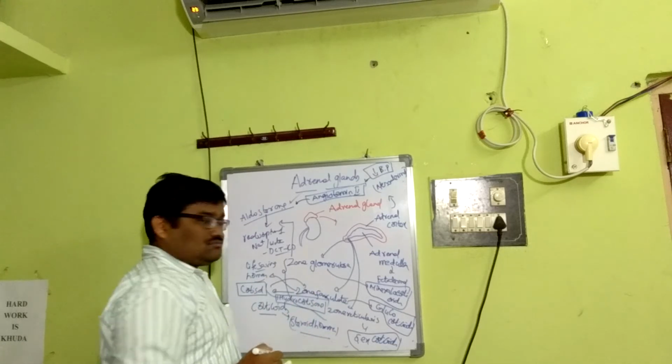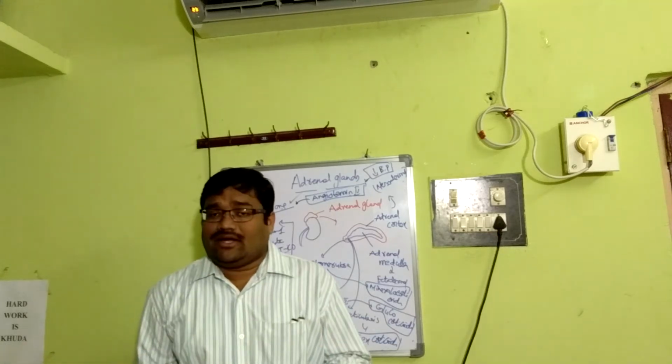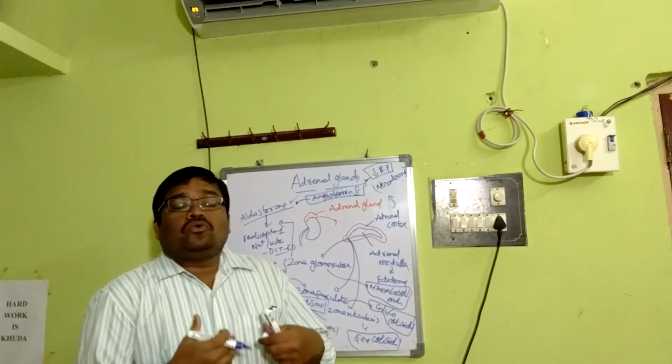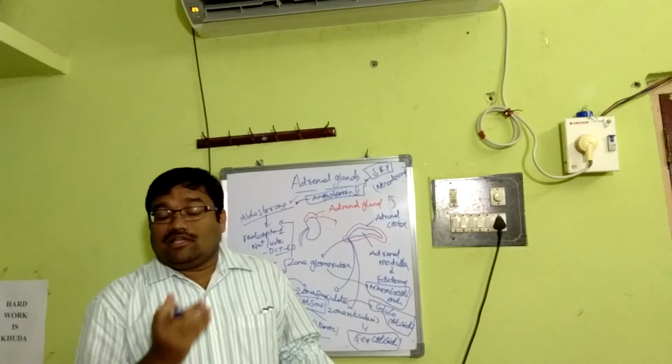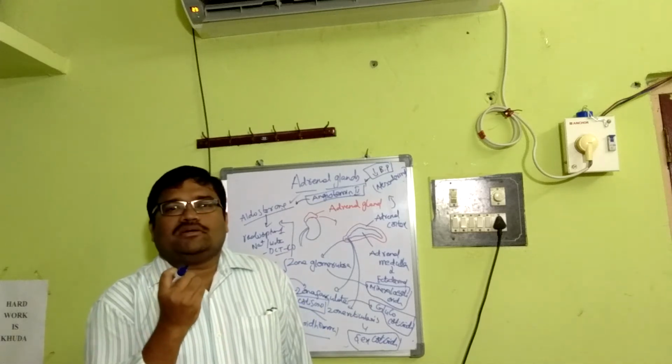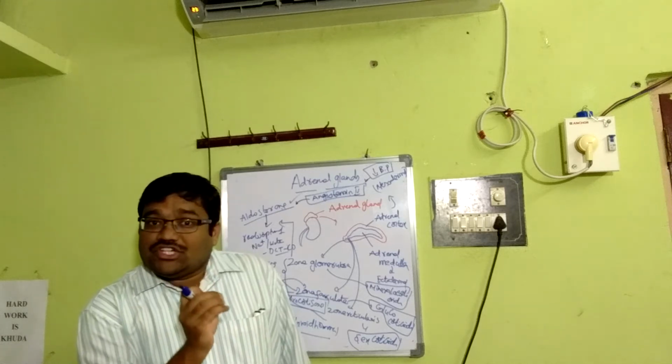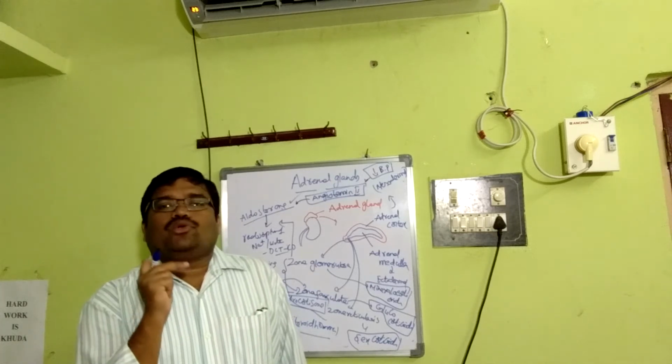The most important hormone from the glucocorticoids is cortisol or hydrocortisone. The word implies glucocorticoids. They are responsible for the metabolism of carbohydrates. How? They regulate gluconeogenesis, lipolysis and proteolysis.